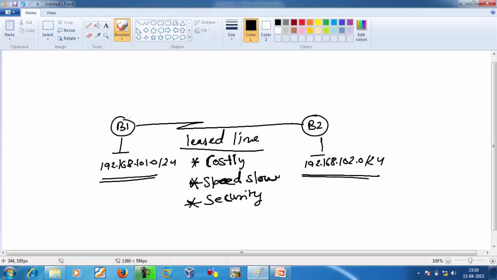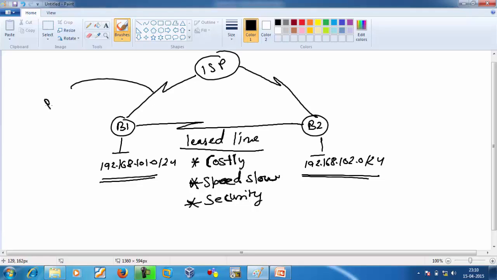So we also have another link, where we connect both branches to the ISP, and such a link is called a broadband connection. If we talk about broadband connection, it is very cheap in cost.